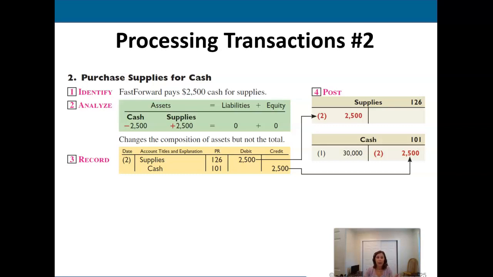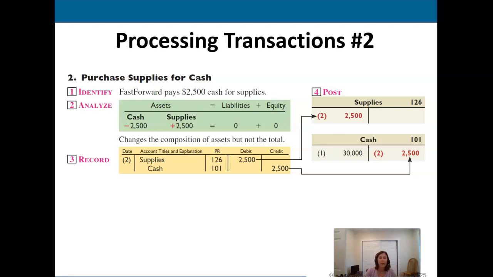So the other account that's impacted by this transaction is cash. We have less cash than we did a minute ago before we bought these supplies. So we need to record a credit to cash as a result of having now decreased the cash balance.